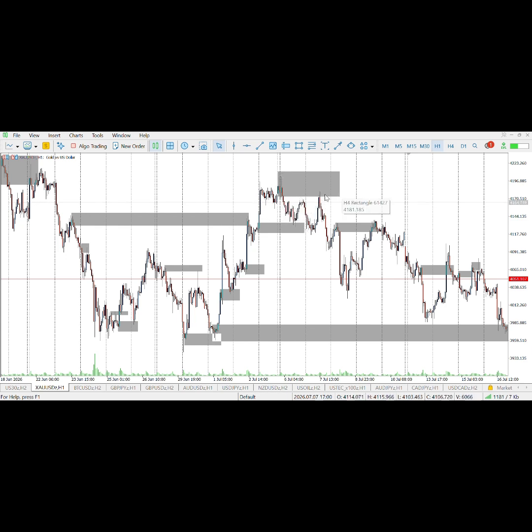This is the only movement that came here and touched it. This is the only candle that came here and touched it before moving down. So it's still a fresh zone. Make sure that there is no candle that has come there to penetrate it before.